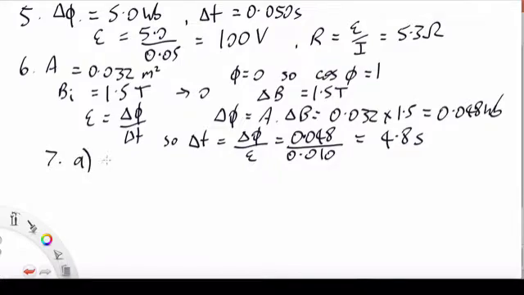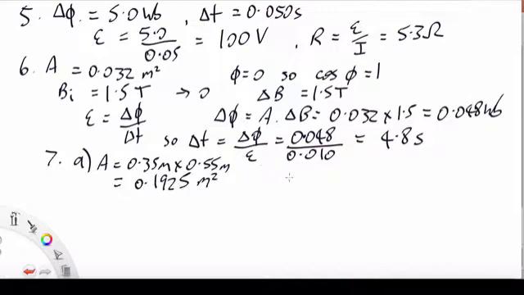Now 7, we have area is 0.35 meters times 0.55 meters, and that is 0.1925 square meters. We have an initial field is 2.1 Tesla.